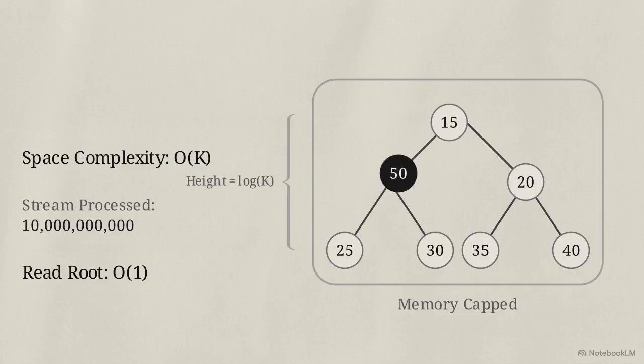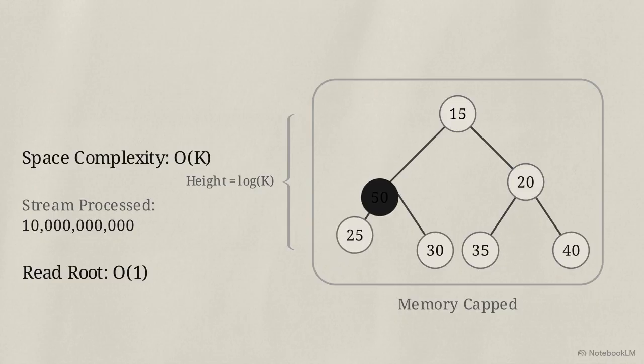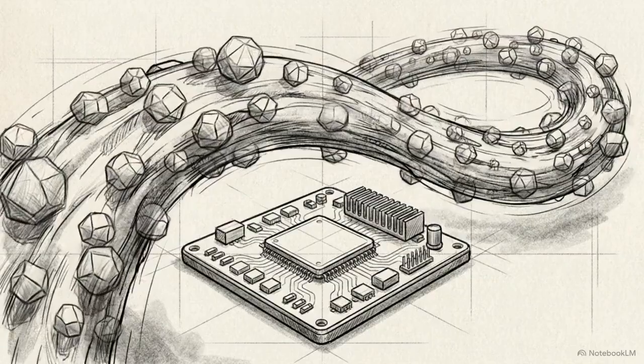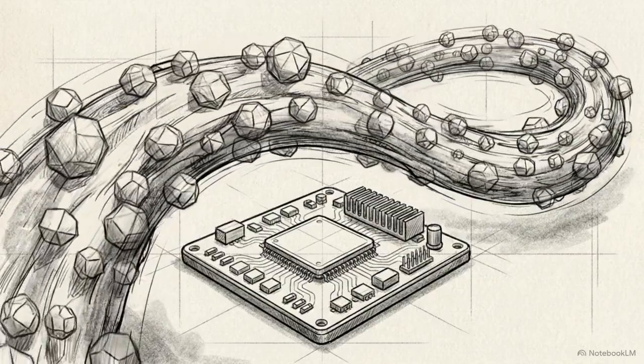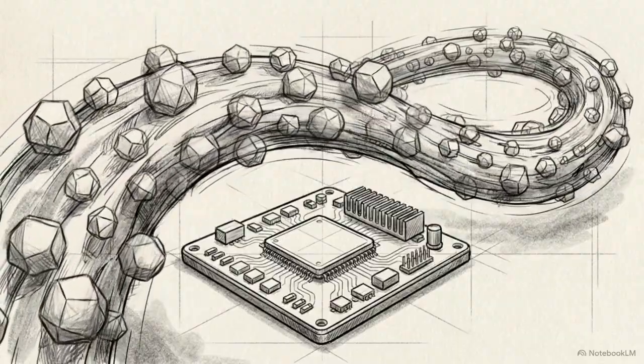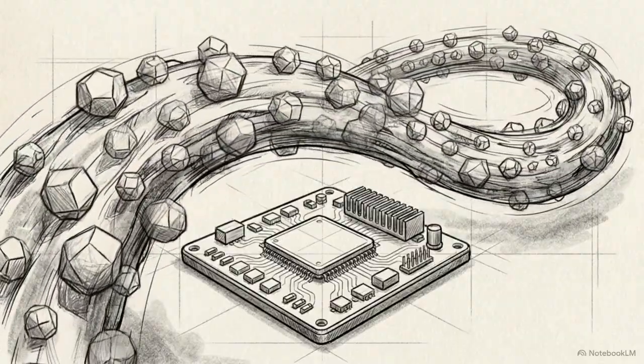Because the tree is capped at k nodes, traversal during a push or pop operation is strictly limited by the height of the tree, giving us a highly efficient insertion time of O of log k. True scalability in streaming architectures is achieved by strictly bounding state, transforming infinite data problems into controlled, constant space operations.